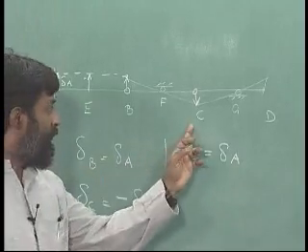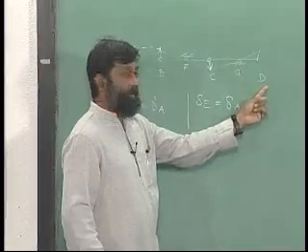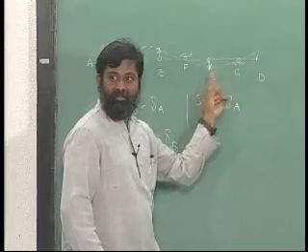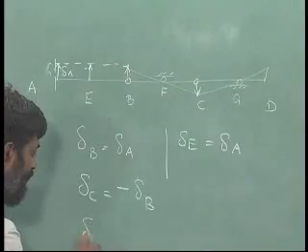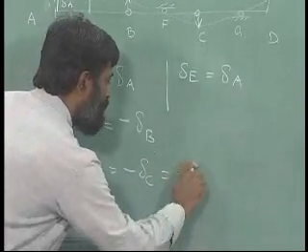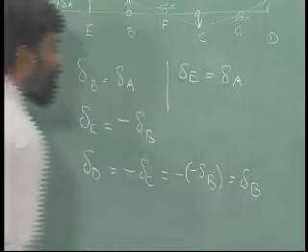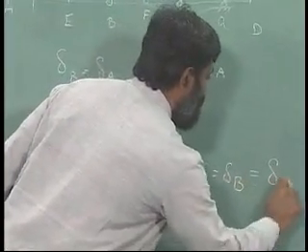Again, looking at this, delta D magnitude will be the same as delta C, because this is the middle, but sign change. So I will have delta D equals minus delta C, that is equal to minus of minus delta B, that is equal to delta B, and given that delta B is equal to delta A, this comes out to be delta A.